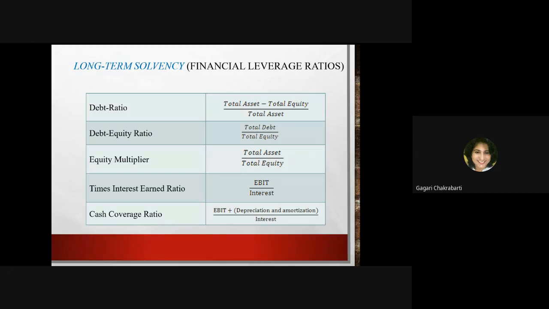Therefore, just by looking at this, it would not be wise to comment on the firm's investment potential. So don't jump to a conclusion on the basis of any single ratio. If the debt ratio is high, consider the other ratios. If the other ratios are favorable, then you can go for it. But if at the same time the debt ratios are rising, the profits are falling, and the other activity ratios are not that good, then you may not go into that particular asset.